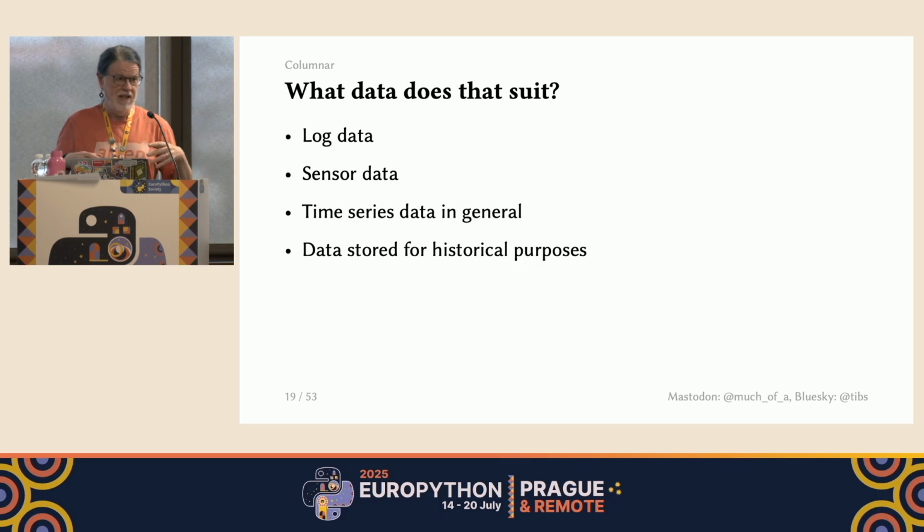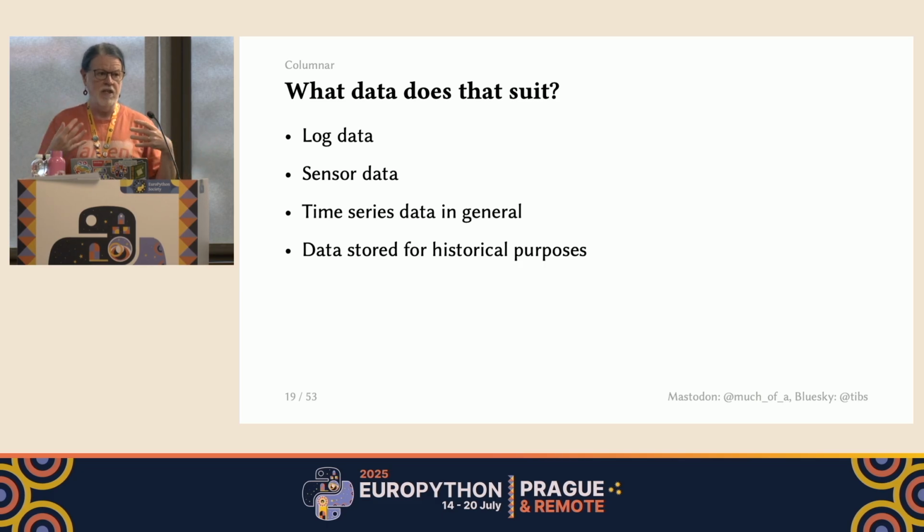So it suits log data, sensor data such as pressure, time, humidity, or tons of information you might be collecting. Time series data in general. And actually, any data where you're going to store it for historical purposes, you're not going to change it, but you want to use it for analytical purposes.